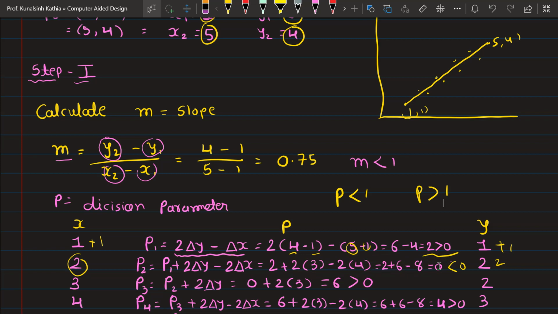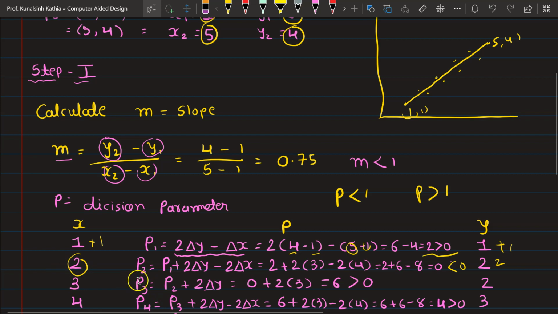If the value is less than or equal to 0, then you have to add 1 in x. Every time you have to add 1 in x, but you will not add 1 in y. You will keep the same y as it is. So I will put 2 here again, and 2 plus 1 is equal to 3.